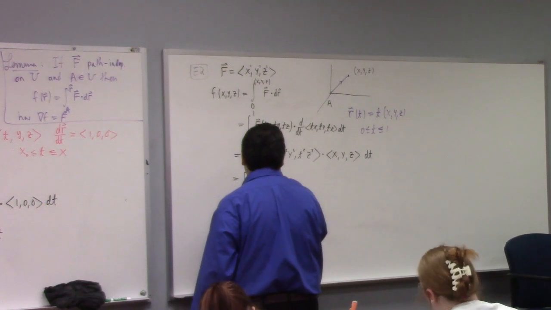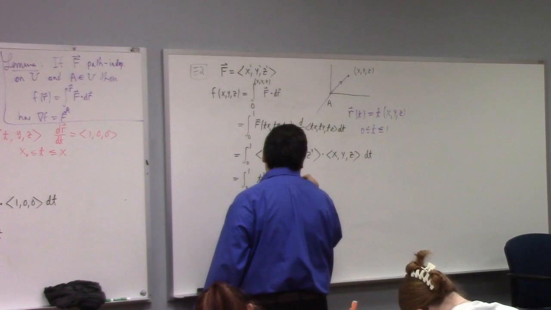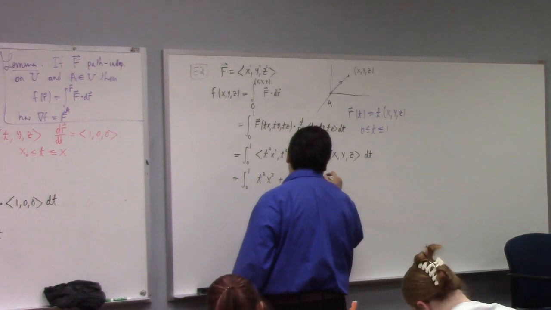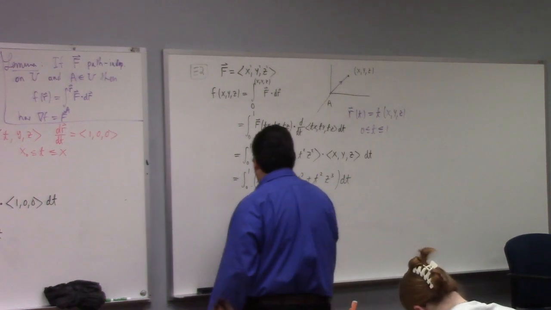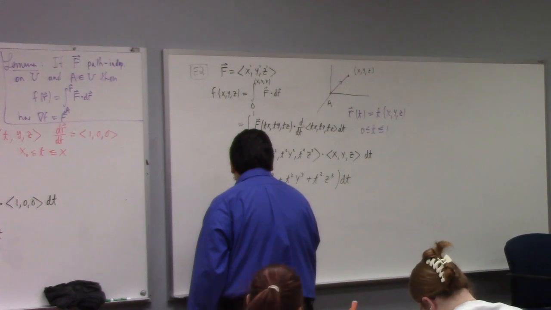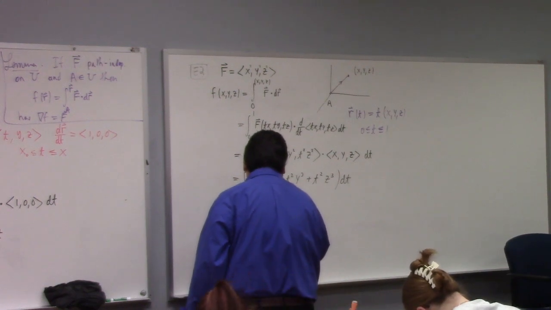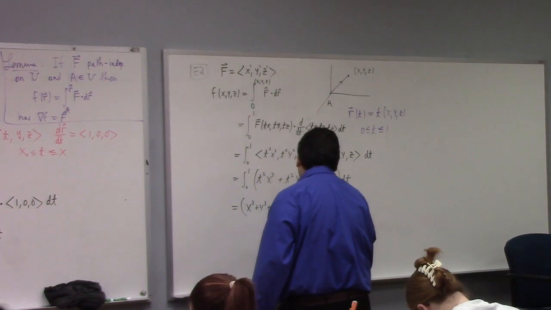We've got t squared x cubed plus t squared y cubed plus t squared z cubed, dt, which of course we can trade out for x cubed plus y cubed plus z cubed times the integral from 0 to 1 of t squared dt.